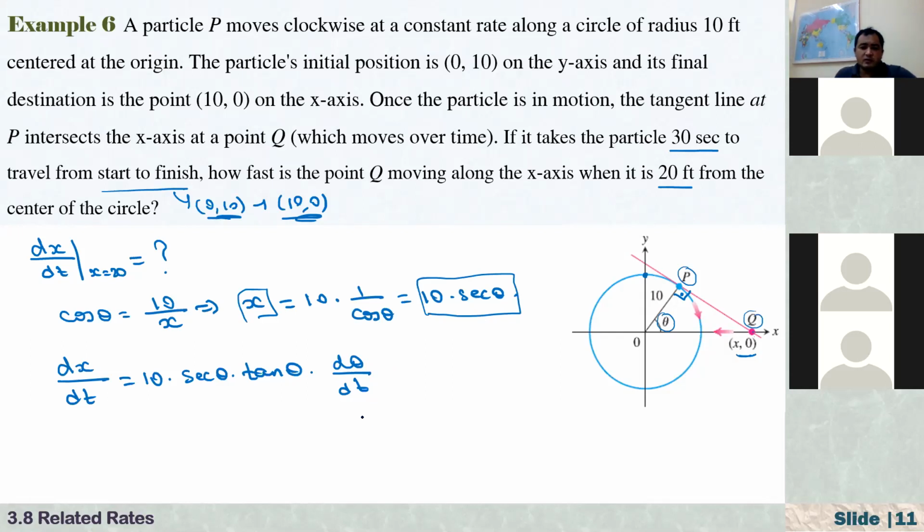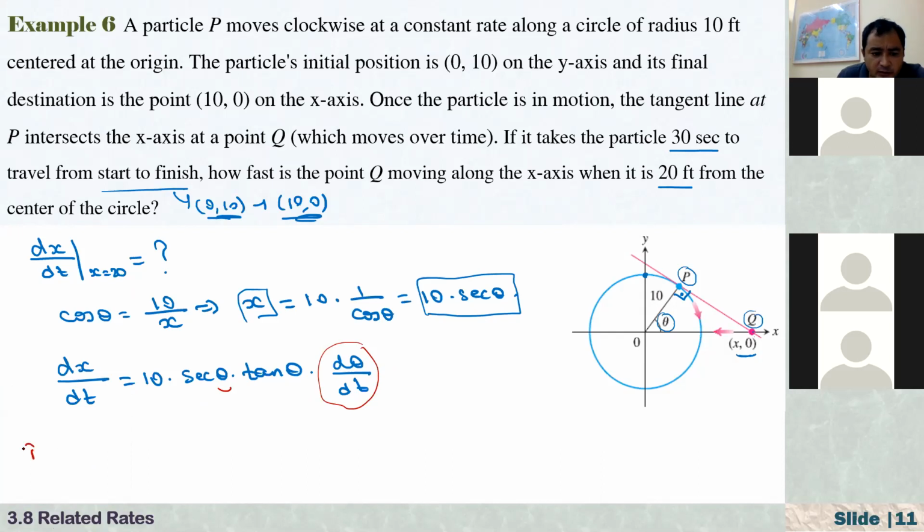Okay, so now I need to find, when x is equal to 20, what are the values of theta and d theta/dt.